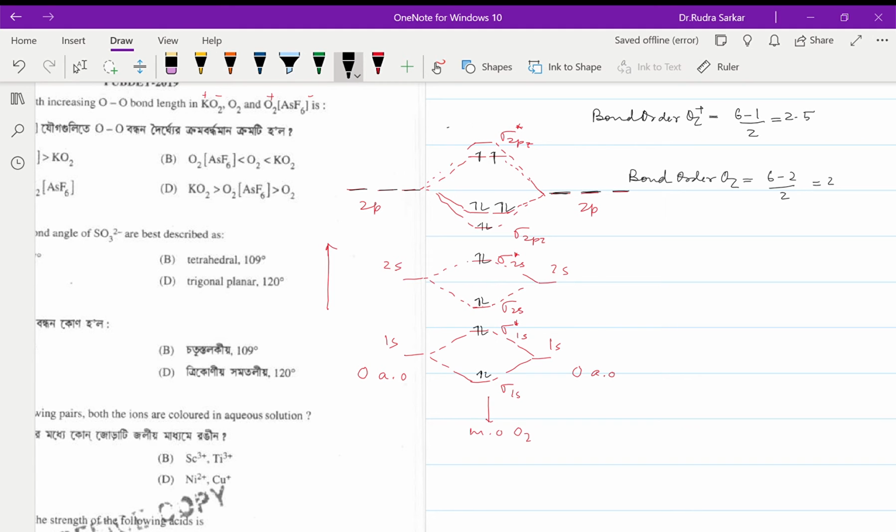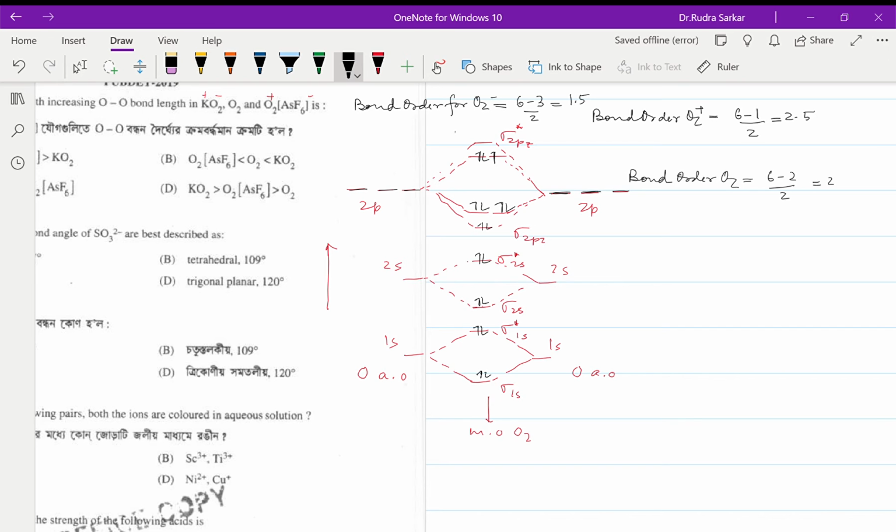Now if you add one electron, obviously in this level, we will get a bond order for O2 minus, which is obviously, we will say, 6 here bonding, 3 here anti-bonding. So 6 minus 3, divided by 2, and that should be equal to 1.5.